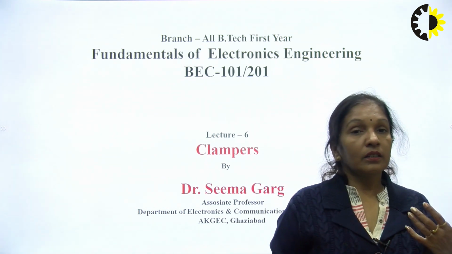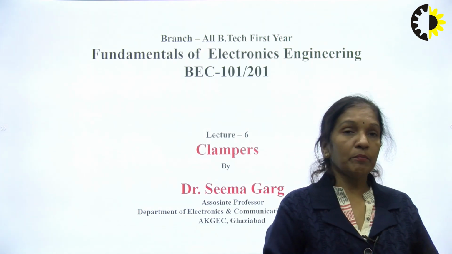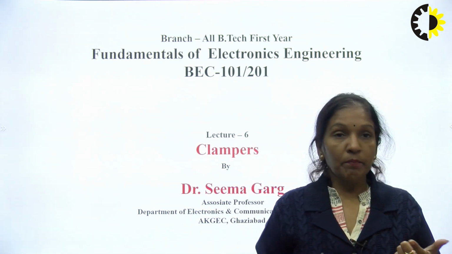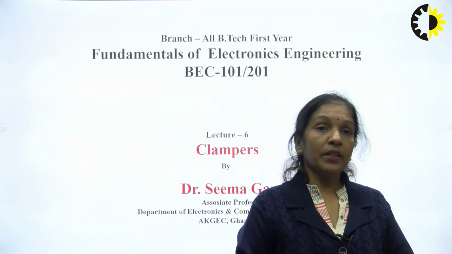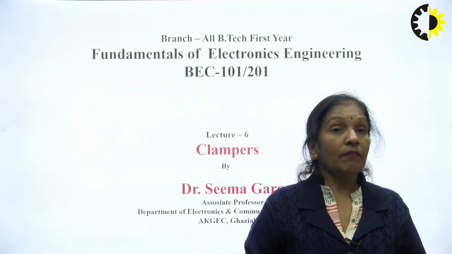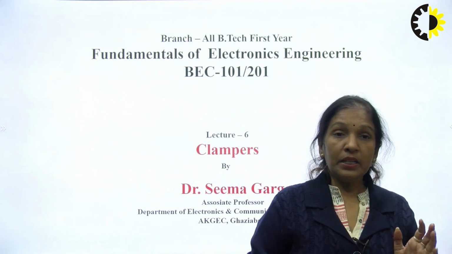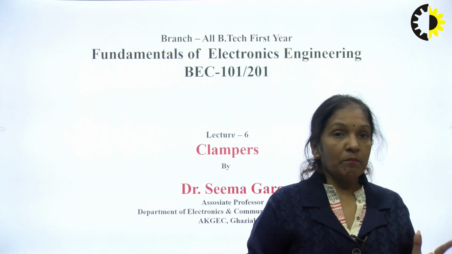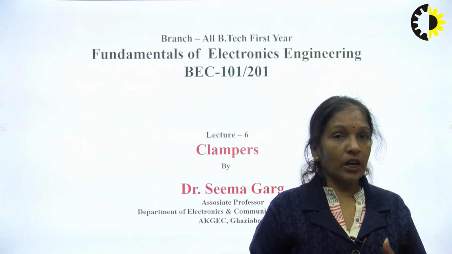And the last and foremost important point is that in a clamper, we start the analysis only when our diode comes into the forward bias state for the first time. The reason is that the charging and discharging time of the capacitor is 5 tau. That means to charge the capacitor it requires five time constants, and for discharging also.